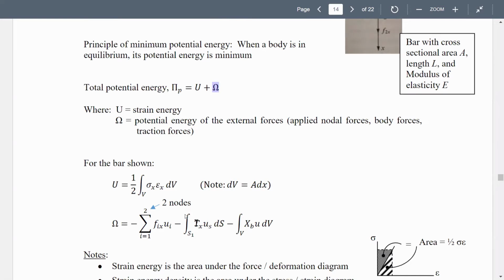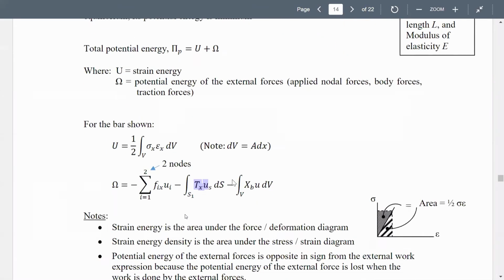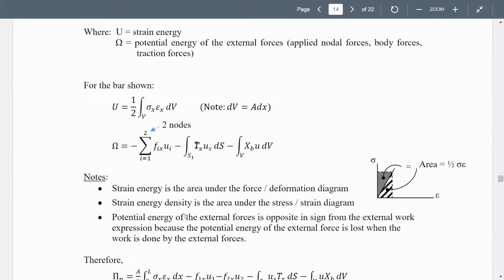Negative. Now, traction. Traction is force per unit area. This is force per unit area times area dS. This is differential area. Force per unit area times area is force. Force times displacement, U is displacement, that gives work.